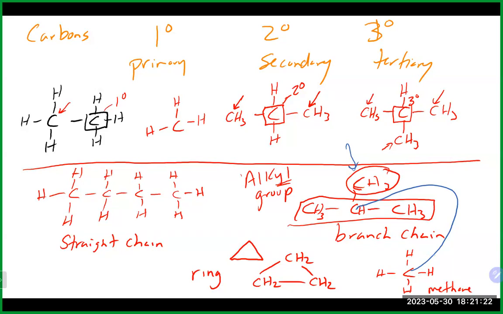So we cannot attach methane the way it is. We need to drop off a hydrogen to give it an attachment like it is in this compound here, where it's missing 1 hydrogen, and that allows it to bond into the main chain and still maintain the proper number of electrons without going over 8.